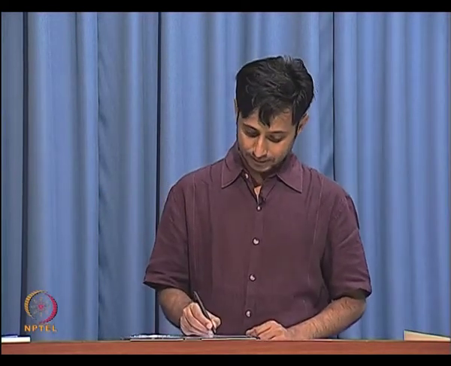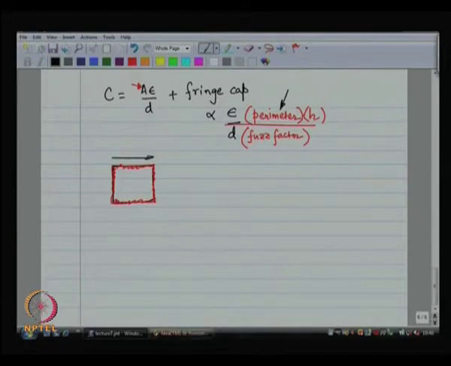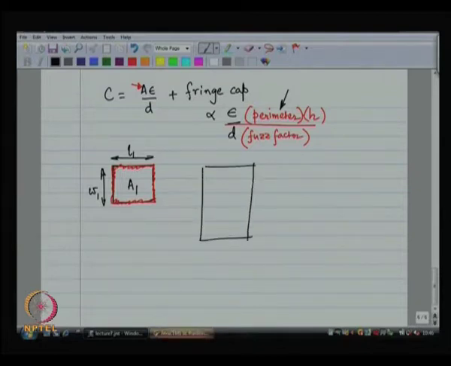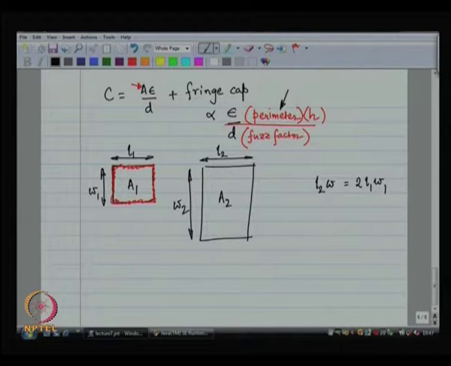So, if I have L1 and W1, then for the second one, this is the area relationship.